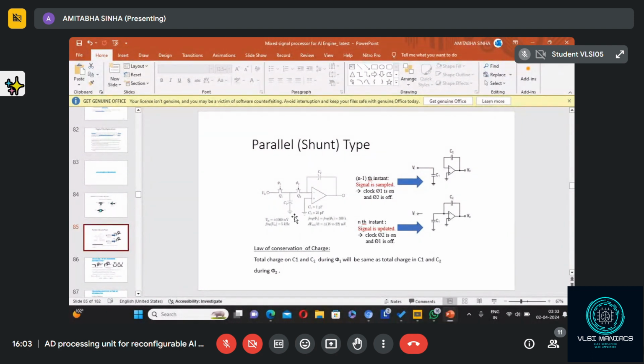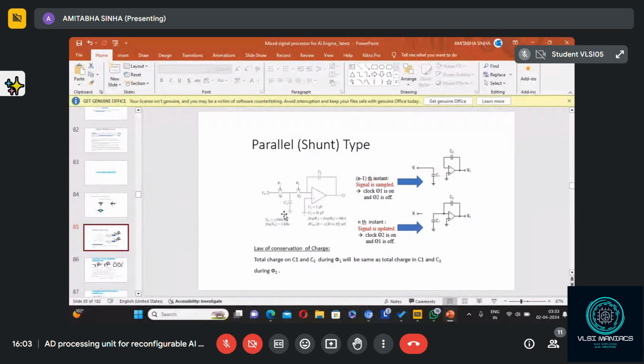So now using this circuit, this is a circuit for what? If you look at this circuit, it can function as what? A scale changer or integrator or differentiator or multiplier? Sir, integrator. It's an integrator circuit.